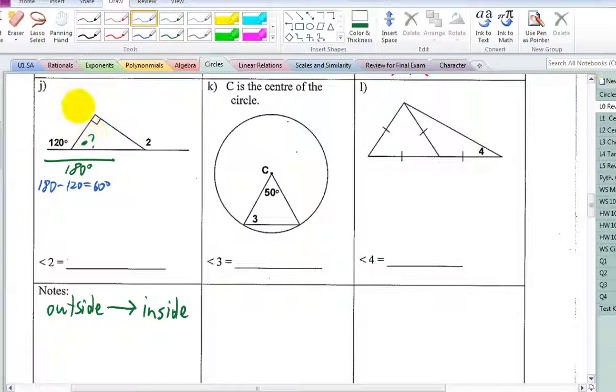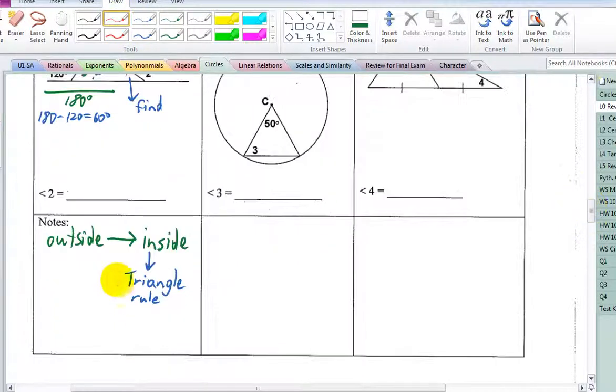Good. And then you put 180 minus 60 minus 90, so you need to find that one. Okay, so from the inside angle, you use your triangle rule. Then from your triangle rule, you can then find angle 2, because you can then go to the outside of the triangle.